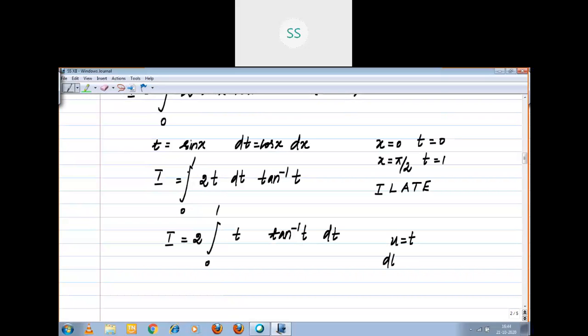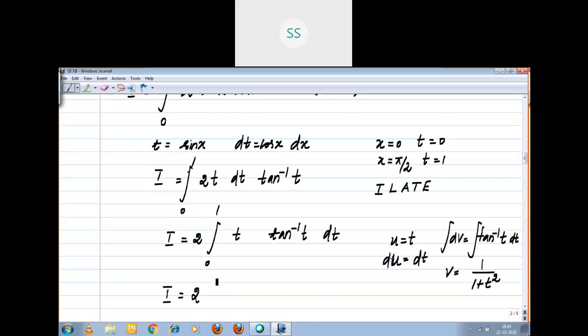u equal to t, du equal to dt. Integral dv equal to tan inverse t dt. Now v equal to 1 by 1 plus t square.